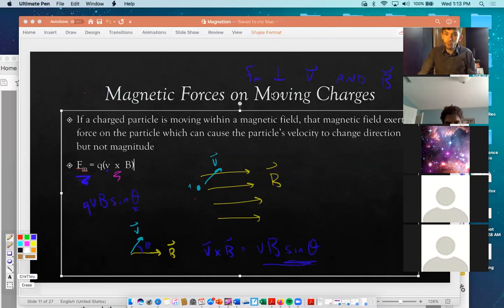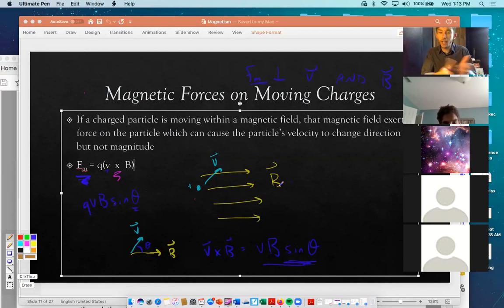Okay, so we know that the magnetic force is perpendicular to both of these things, and we have two options for that. Think about this. Right now in this example problem, my velocity and my field are both in the plane of the screen. The only option for something perpendicular to that would be something coming out of the screen or going into the screen, right?